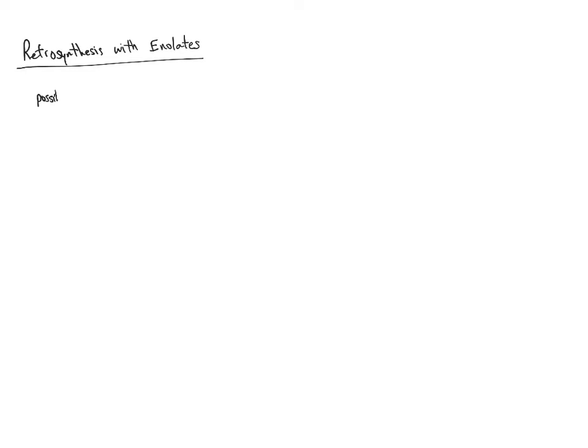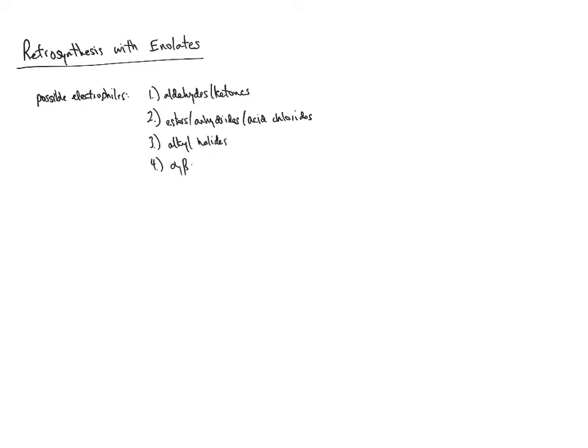So the possible electrophiles that we've come across are things like aldehydes and ketones, esters, anhydrides, or acid chlorides, alkyl halides, and finally the alpha-beta unsaturated carbonyls.